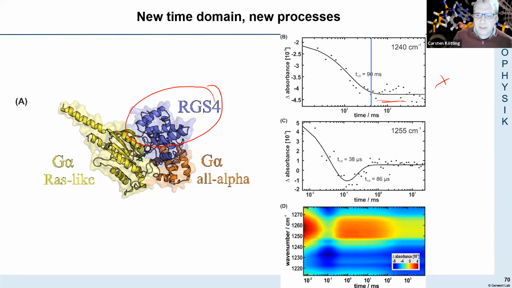Even in addition, as you see here in C, we have two more processes, one with 38 microseconds and one with 86 microseconds, which proceed before the hydrolysis reaction, which are again probably some conformational changes or some groups which move towards the binding pocket and somehow change this alpha phosphate band.